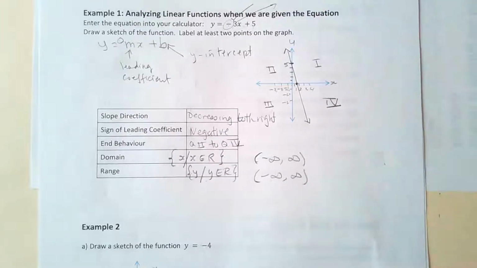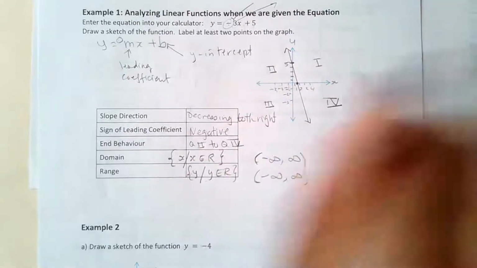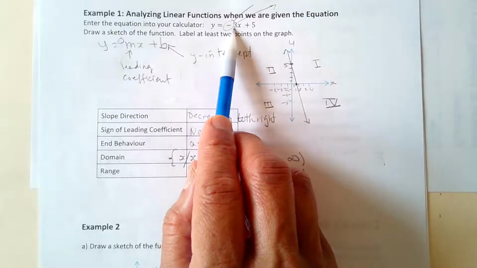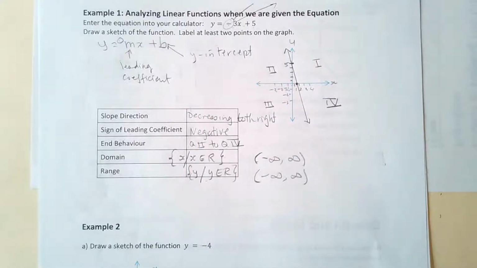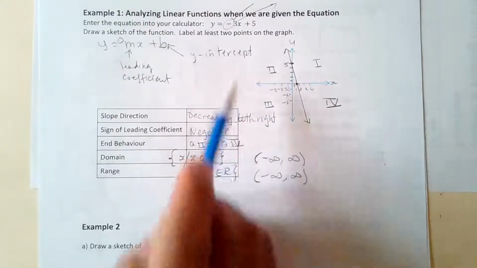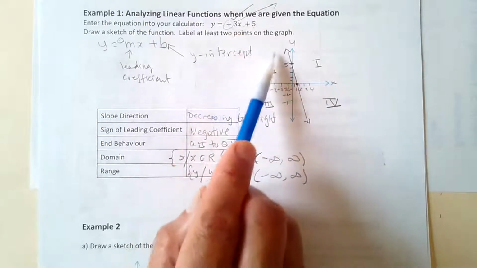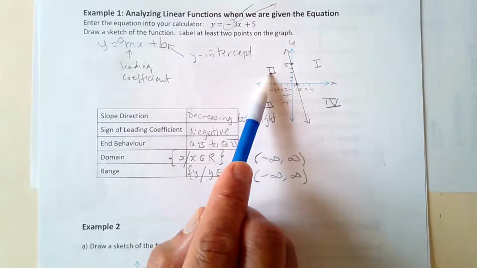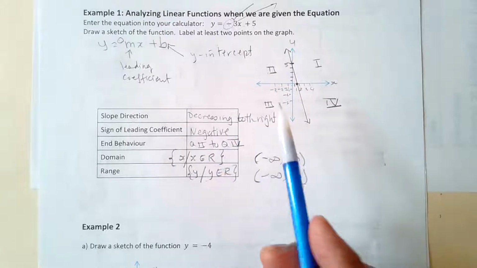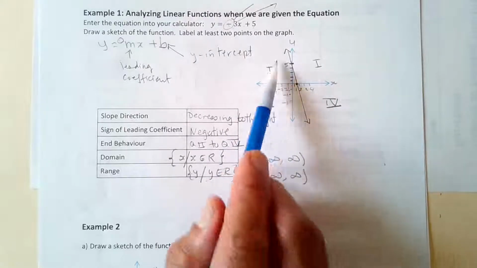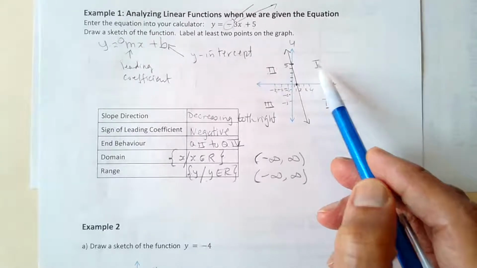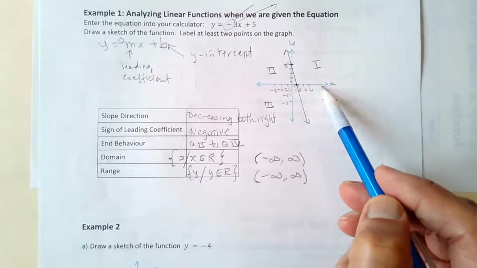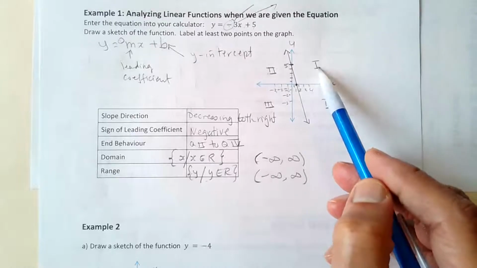First thing you do, you go to your calculator or Desmos, and you enter this equation into your calculator to get your graph. You sketch it, and then they'll ask you for the end behavior. End behavior refers to the quadrants. So recall, when we label the quadrants, in the first quadrant x is positive and y is positive, that is quadrant 1.